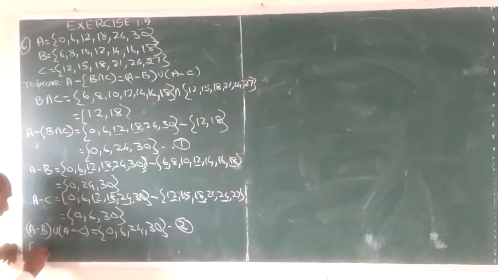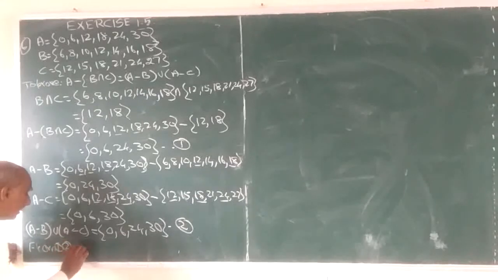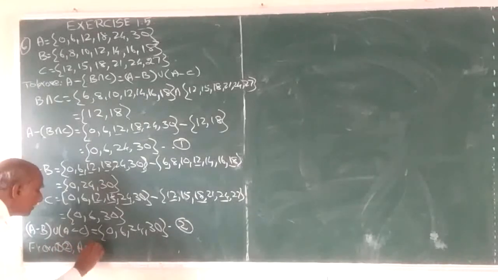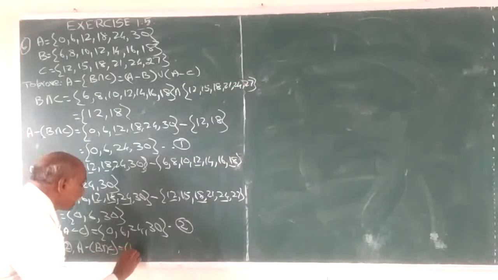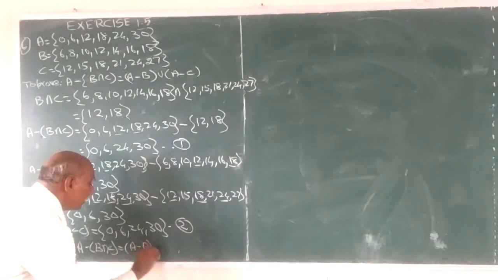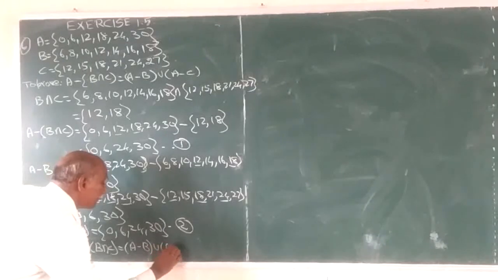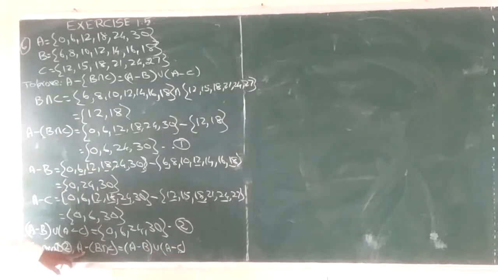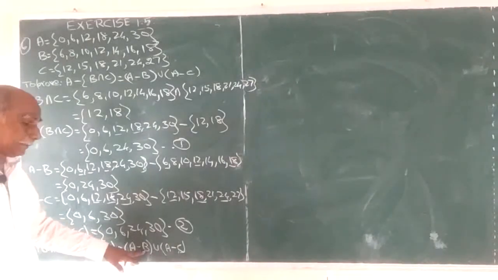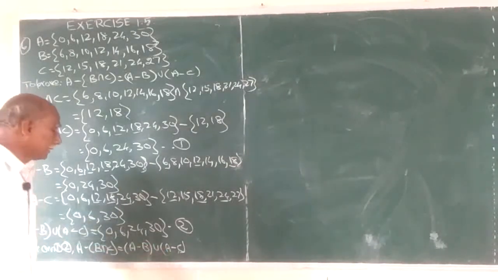So from 1 and 2, you find that A difference B intersection C equals A difference B union A difference C. This is De Morgan's difference law.